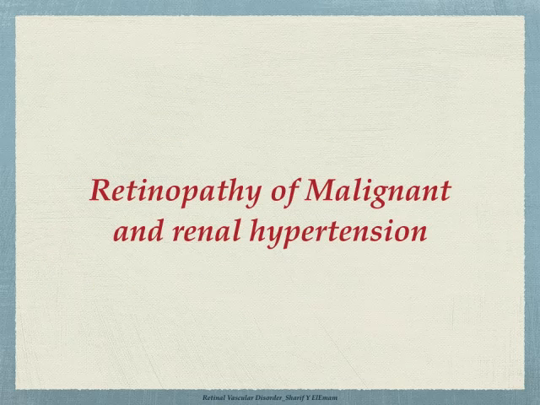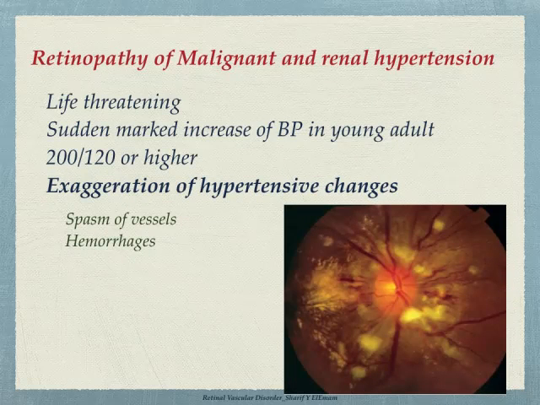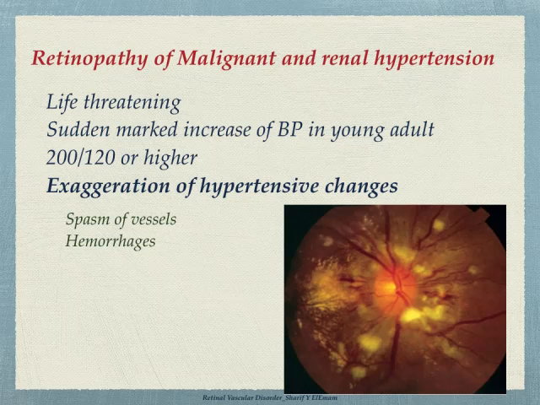The third disease is retinopathy of malignant hypertension and renal hypertension. Renal disease can lead to an increase of blood pressure. This is, of course, not sight-threatening, it's life-threatening. It leads to sudden marked increase of blood pressure and usually happens in young patients. The blood pressure can be very high, 280 or even higher, and the same findings that can be seen in the regular, benign hypertension can also be seen in malignant hypertension.